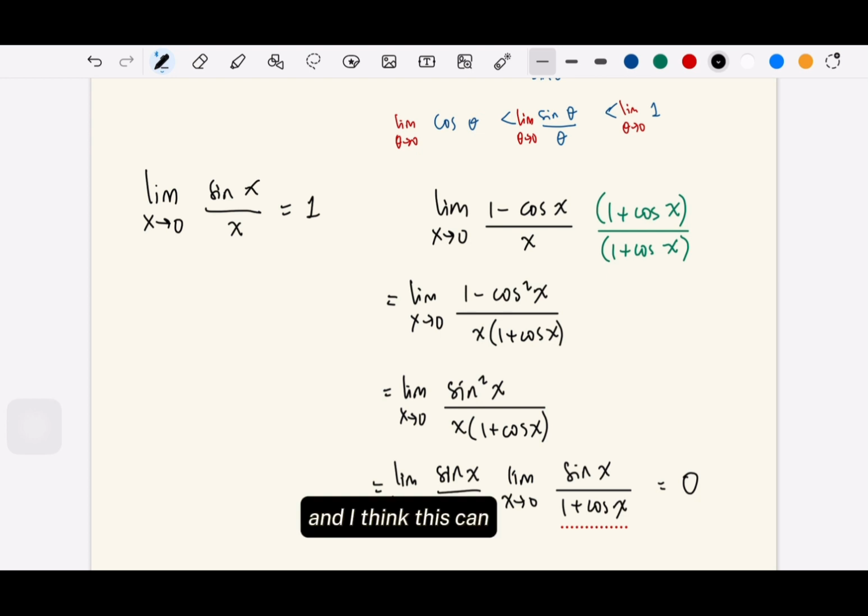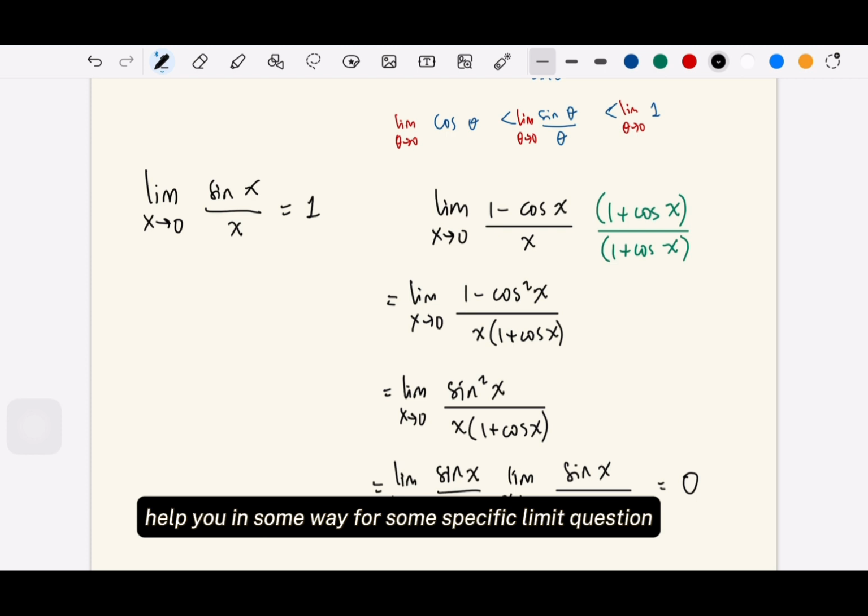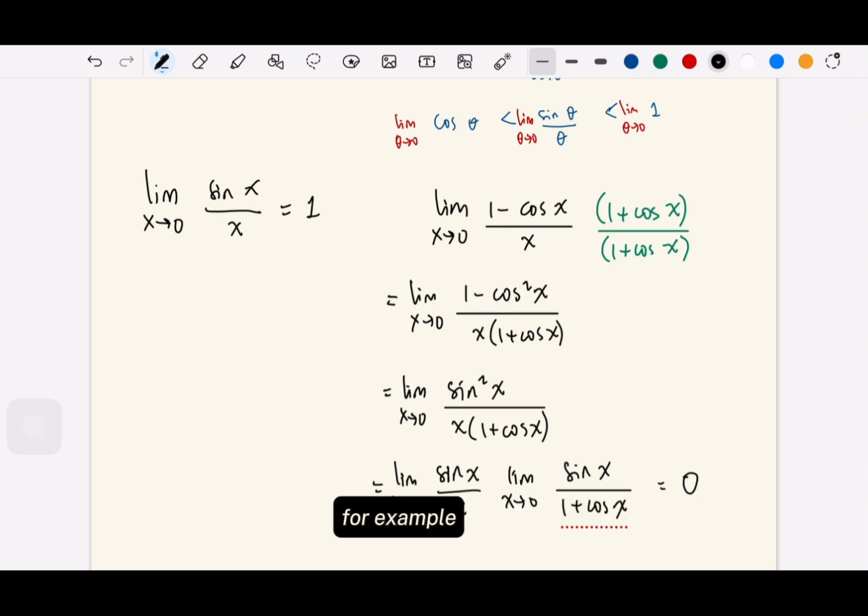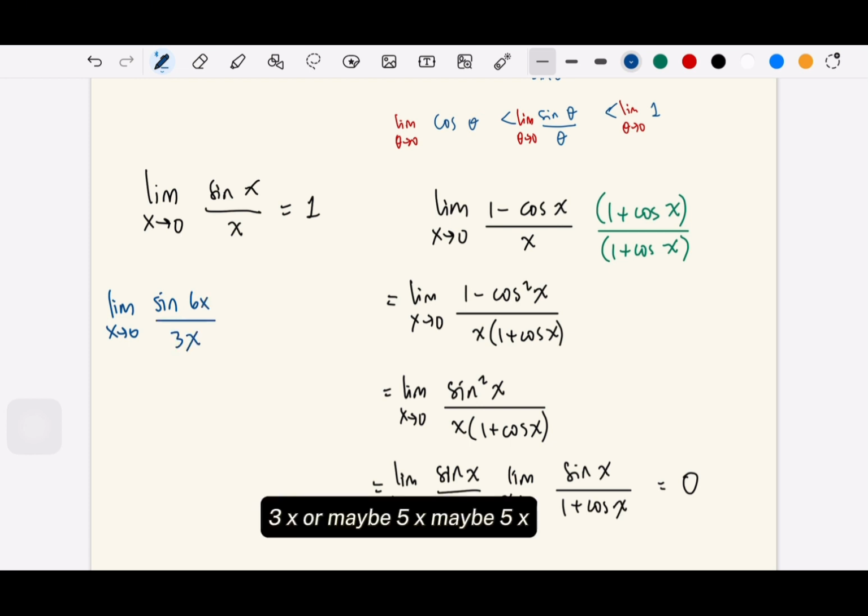And I think this kind of helps you in some way for some specific limit questions. For example, let's say we have the limit of sine 6x over 3x, or maybe 5x.